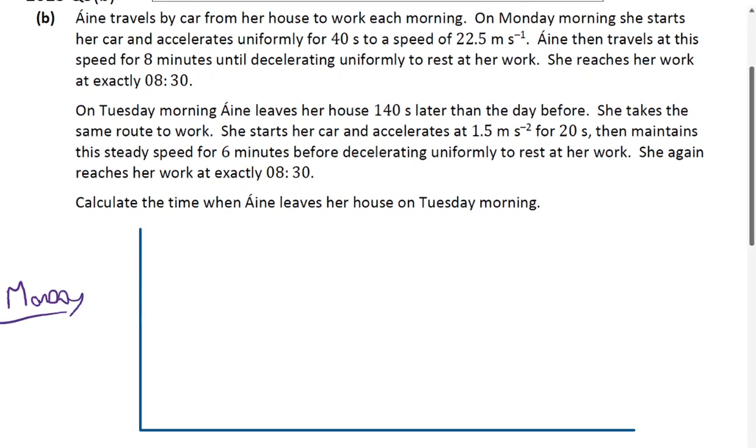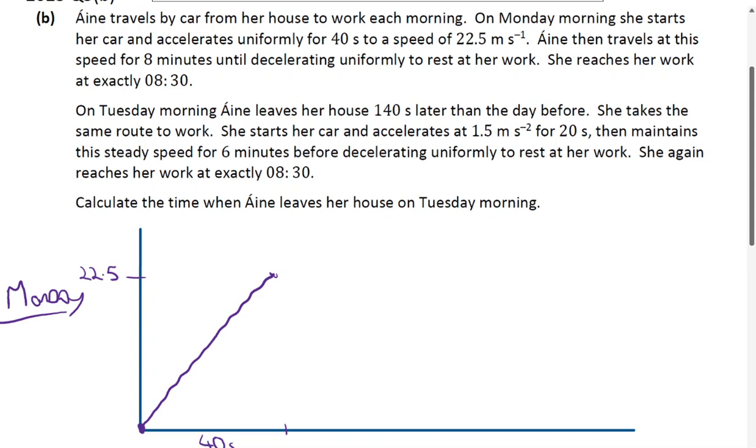Forgive my writing. So on Monday, she starts her car, so she starts here at the bottom at 0, goes for 40 seconds up to a speed of 22.5. And let's pretend I can draw a straight line here. So she accelerates uniformly, so it's a straight line. Again, you guys have rulers, please use them.